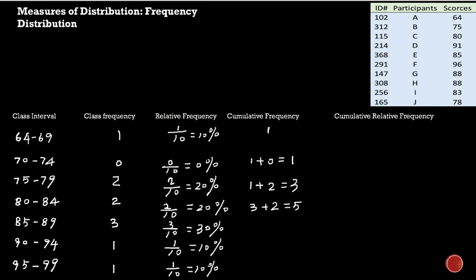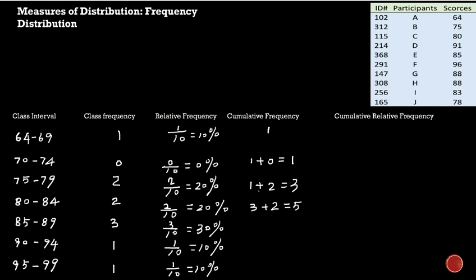Now you know the pattern. Cumulative frequency is just this category's frequency plus the previous class frequency. It is accumulate. Actually, just accumulate all the frequencies together.